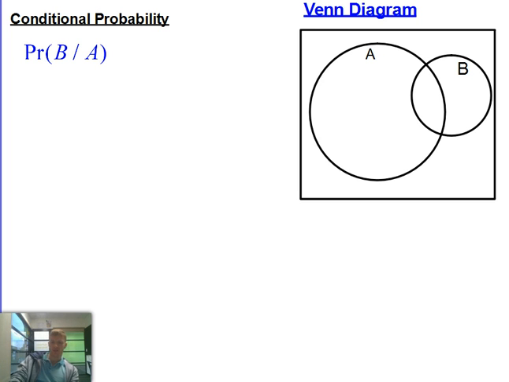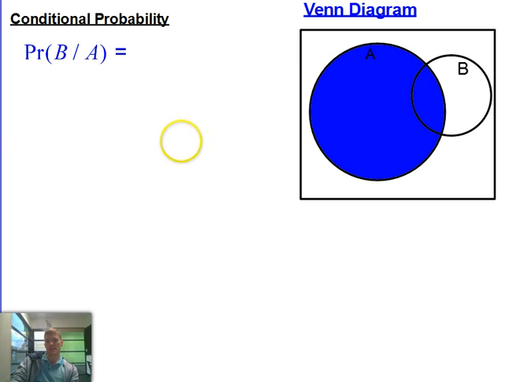Then how do we think about that in an equivalent formula? So let's look at our Venn diagram. Let's say that event A has occurred first. So given that event A has occurred, that encompasses all this region. Now we're interested in, given that A has occurred, what's the chance of event B happening?